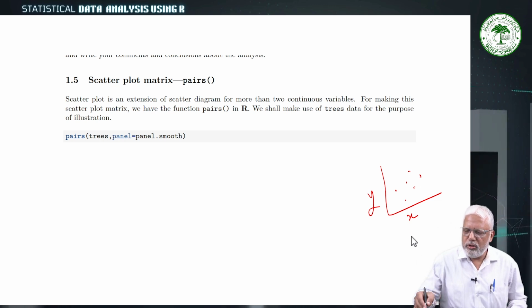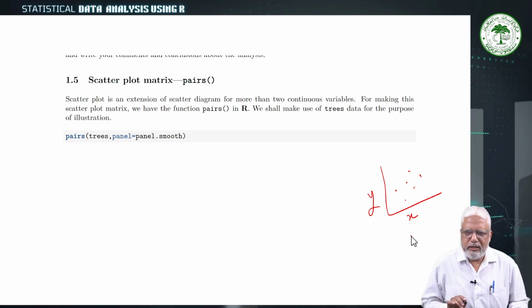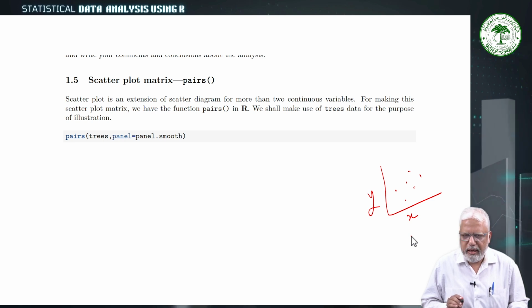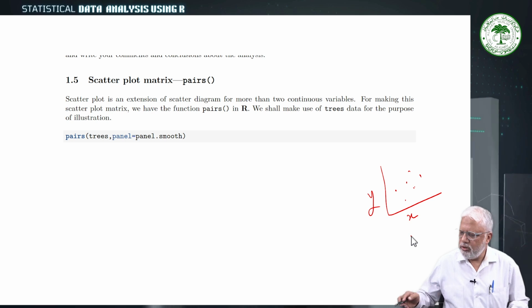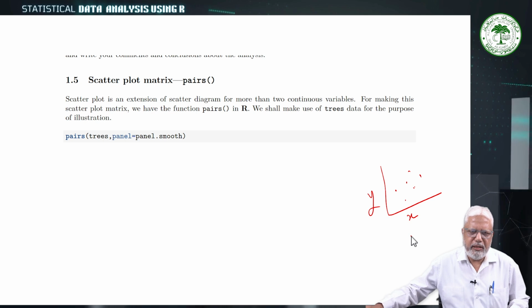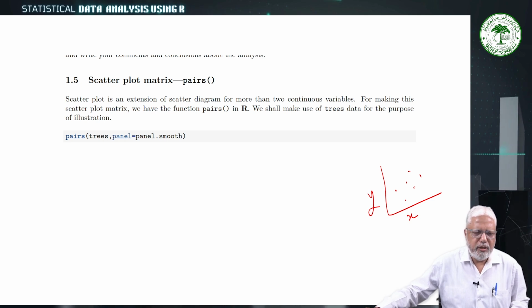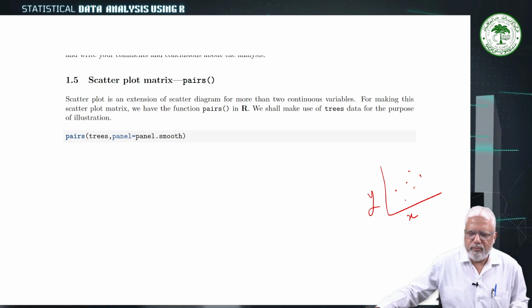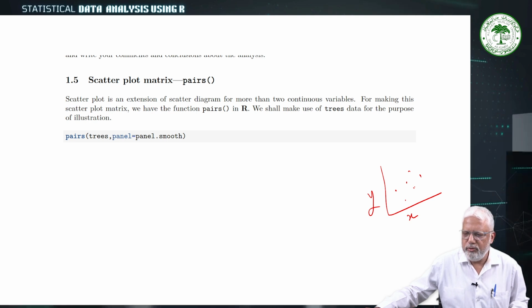But if you have more than two variables, then we talk of scatter plot matrix, and that we will discuss using the function pairs in base R.